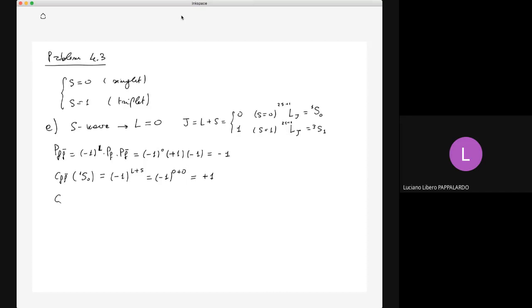Let's now consider the other state. The 3S1 is always (-1)^(L+S). So this is -1, but now L is always 0 because we are in an S wave, and the spin is 1. So this is -1.